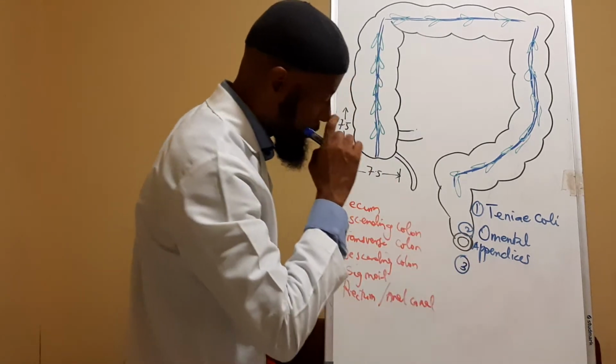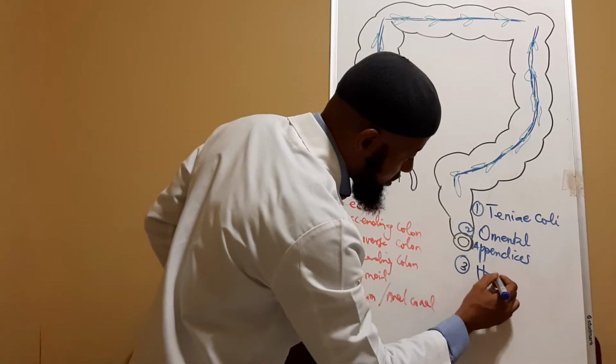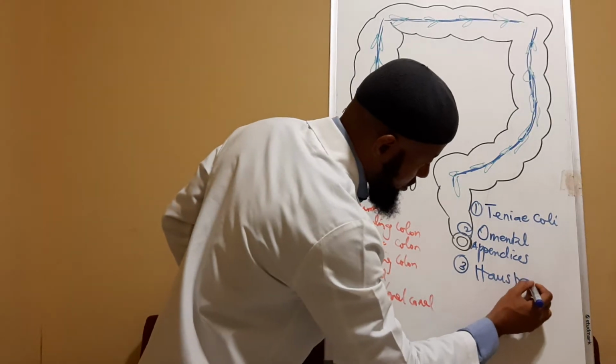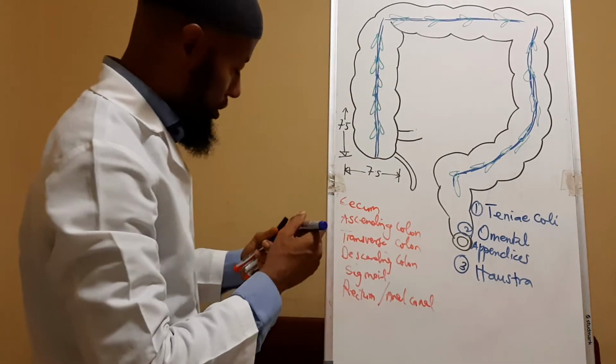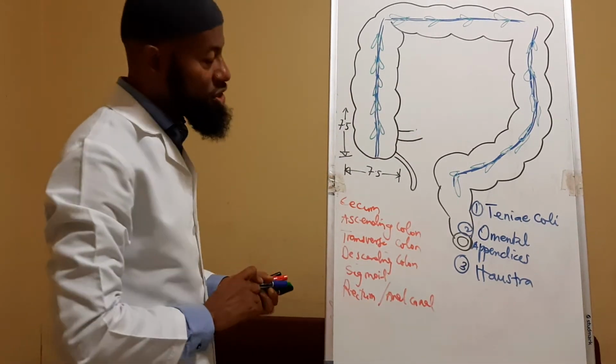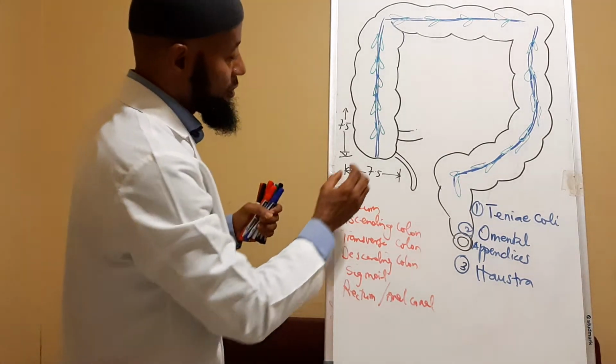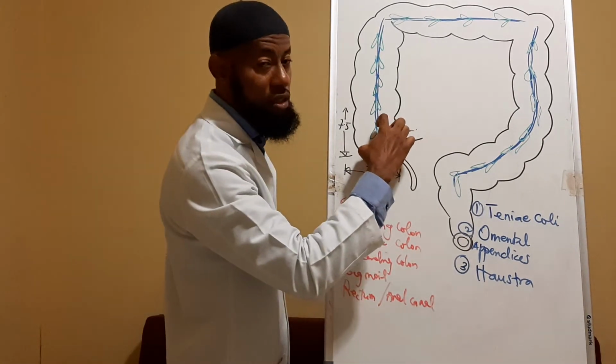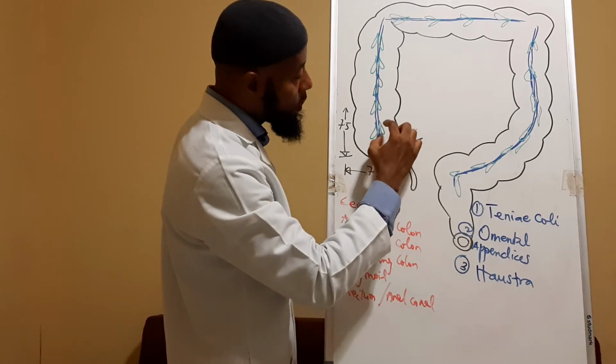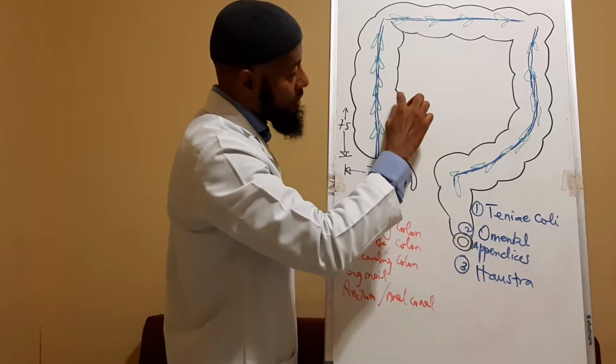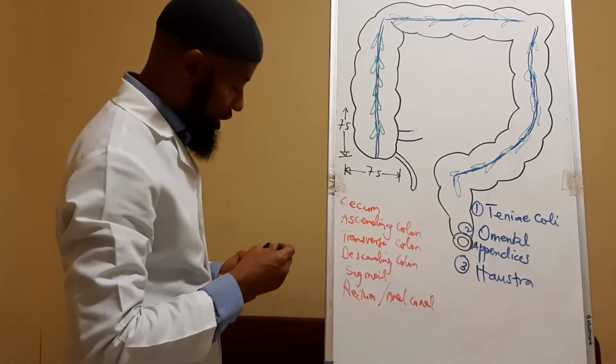Number 3 is the haustra. Now, the haustra is formed as a result of the tightening band of the taenia coli that brings together these kind of shapes.